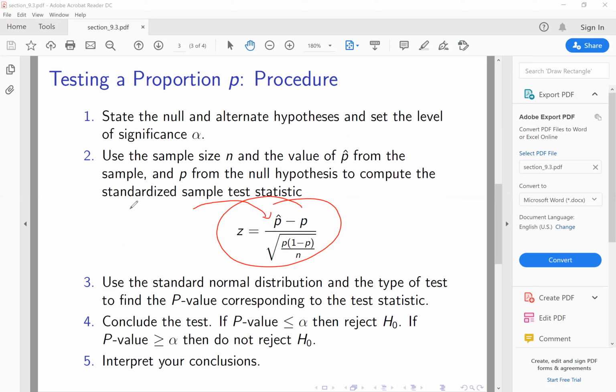The p hat is the sample proportion, and p is the proportion coming from the null hypothesis. And then we use the standard normal distribution, find the p-value, conclude the test, etc. We're only going to do one example today because you're going to have two examples to do for your activity.